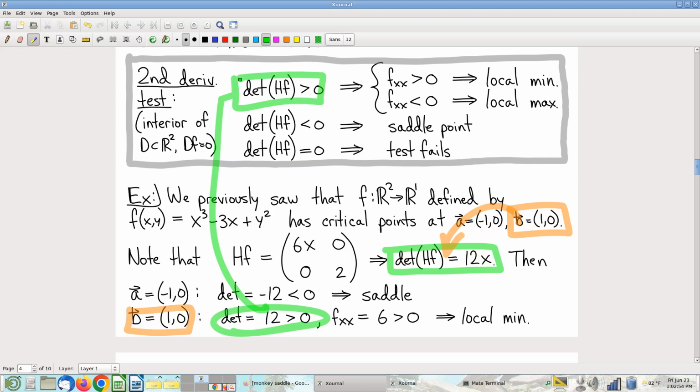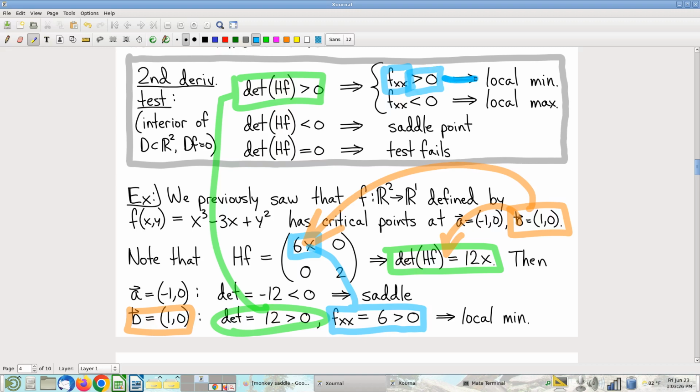It says here that I need to look at fxx. That's the second partial with respect to x. Conveniently, I see it right here. It's the top left entry in the Hessian matrix. And I need to know whether that is positive or negative. So I got to take our point here, still looking at 1, 0. I plug that into there. This second partial with respect to x is positive.